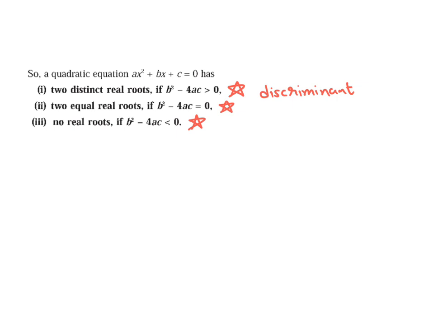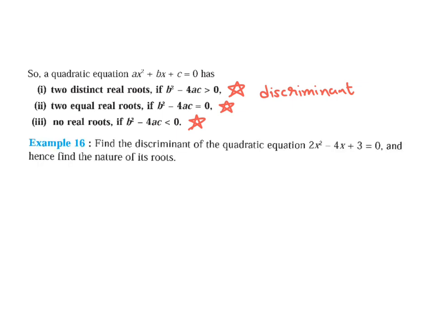Now let's take a problem and apply this discriminant to find out the nature of the roots. Find the discriminant of the quadratic equation 2x squared minus 4x plus 3 equal to 0, and hence find the nature of the roots. So over here a is 2, b is negative 4, and c is 3.